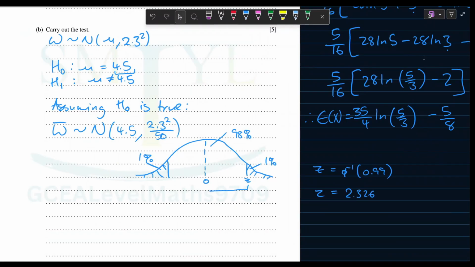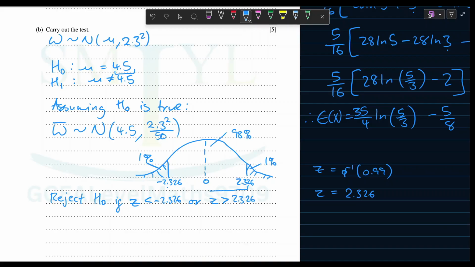Okay, so here we've got 2.326, and this would be negative 2.326. So we are going to reject H naught if our calculated Z value is in the critical region. So either it's less than negative 2.326 or it is greater than 2.326, because that's when it will be in our critical region.